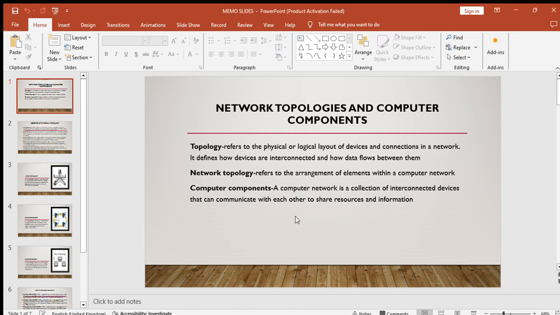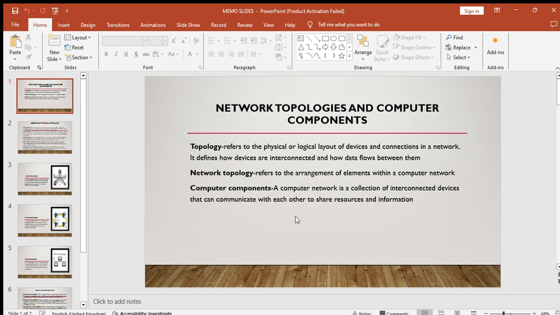So today we are going to learn about network topologies and computer components. What does topology mean? Topology refers to the physical or logical layout of devices and connections in a network. It defines how devices are interconnected and how data flows between them.